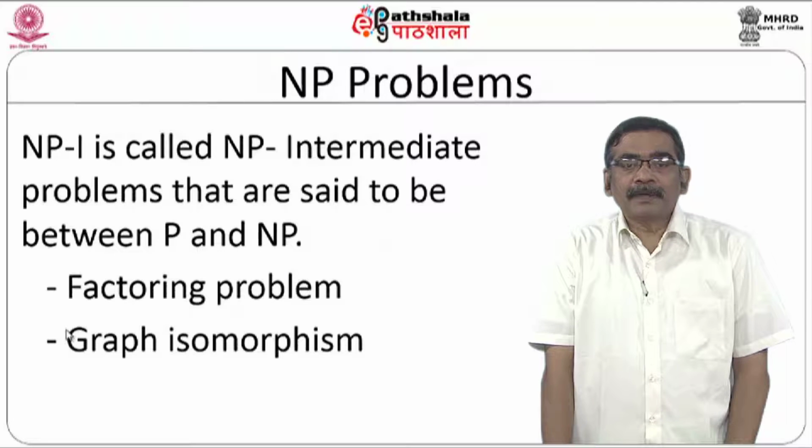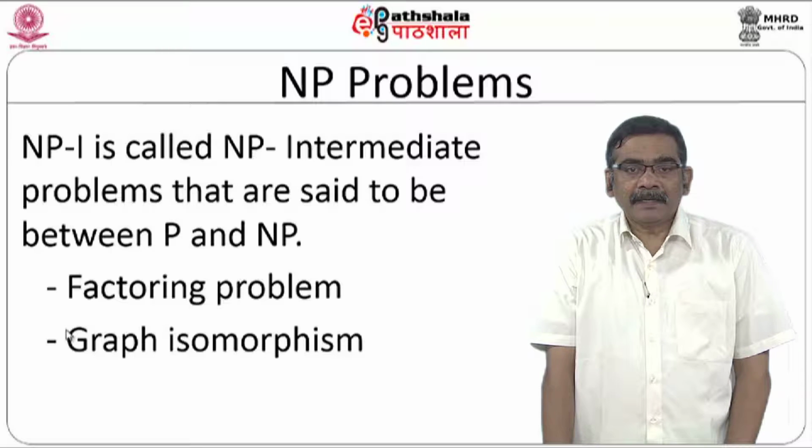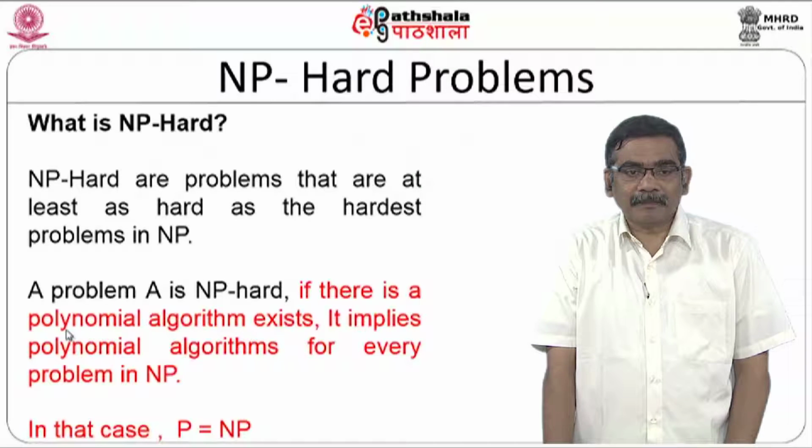And you have one more category called NPI, or NP-intermediate problems, that are said to exist between P and NP. NPI is a category that consists of problems like factoring and graph isomorphism.